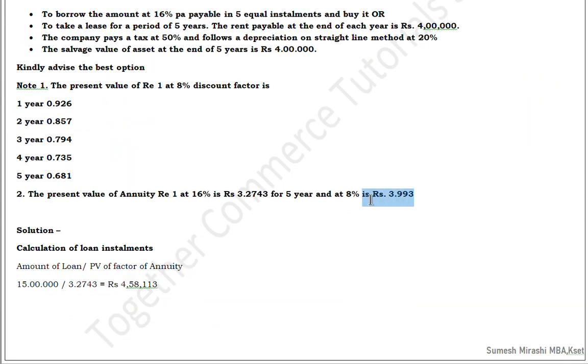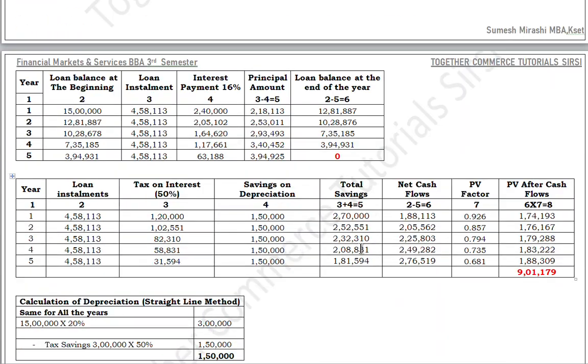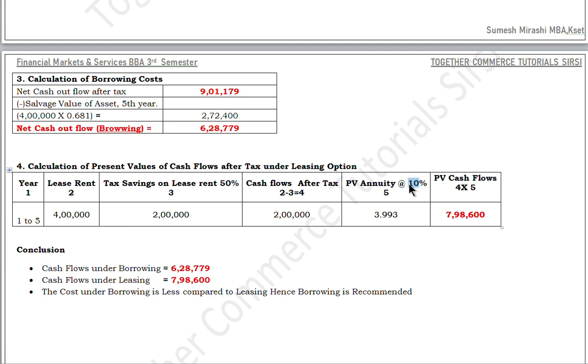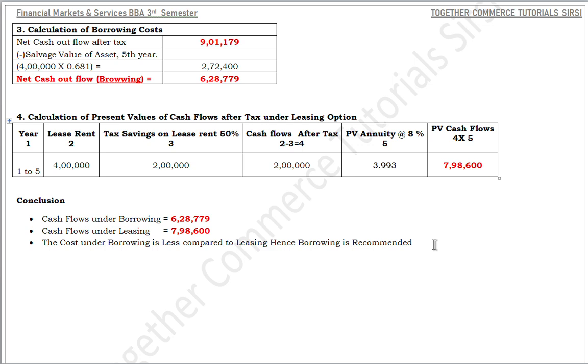Sorry, it should be 8%. I copied the table from the previous question. So it should be 8% for this problem. It is 3.993. Then the last column, PV of cash flows, is 2 lakh into 3.993, which gives you 7 lakh 98,600.